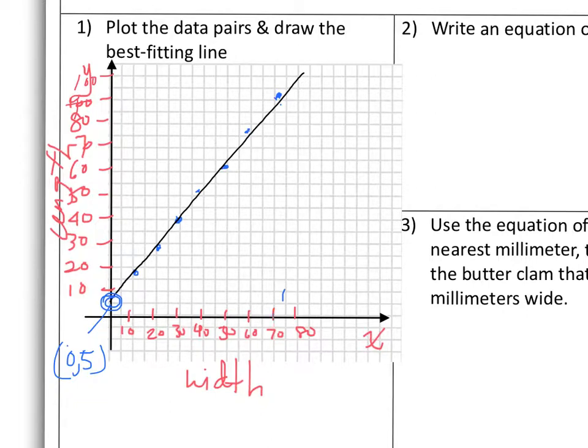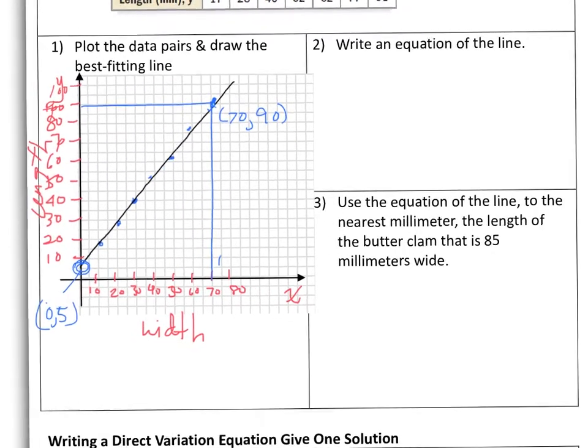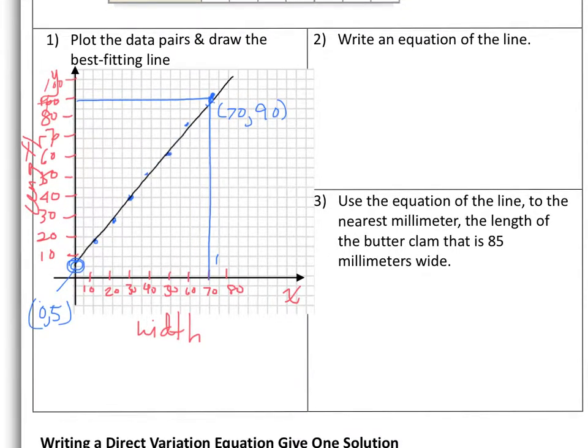I'm going to use 70, 90. Okay, so now that I've chosen my 2 points, it could be any 2 points that are roughly close to the best fitting line. Okay, and then I can find the slope.